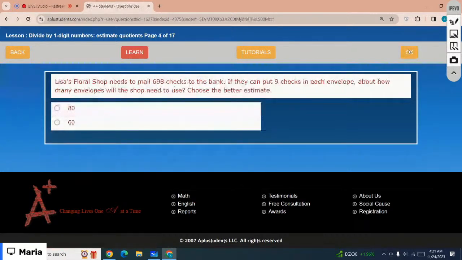Lisa's floral shop needs to mail 698 checks to the bank. If they can put 9 checks in each envelope, about how many envelopes will the shop need to use? Choose the better estimate. Which is the correct option?